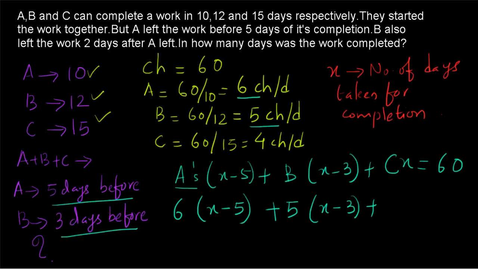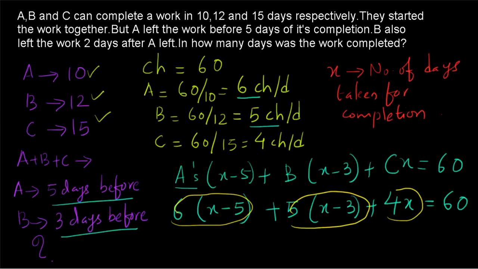And C is having 4 chocolates per day and C is working for X days. Therefore, the total number of chocolates consumed by C is equal to 4x, and this total will give us 60. The chocolates consumed by A plus the chocolates consumed by B and the chocolates consumed by C will together give us the total number of chocolates, that is equal to 60.